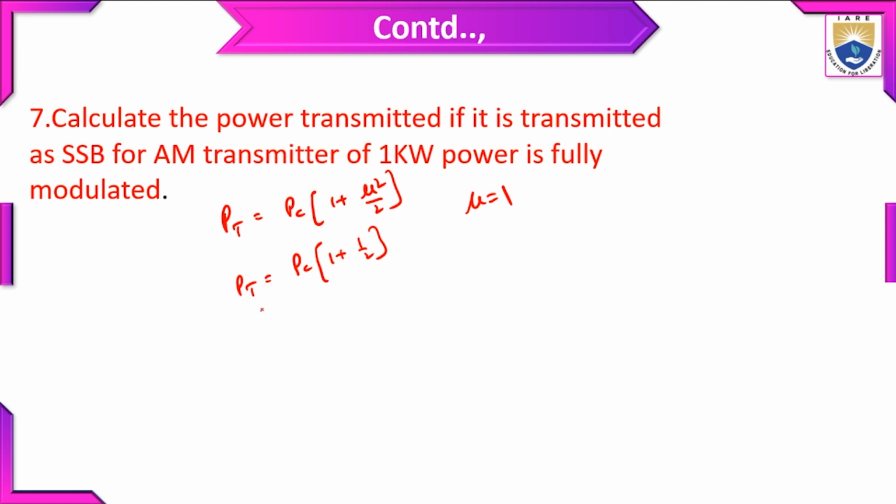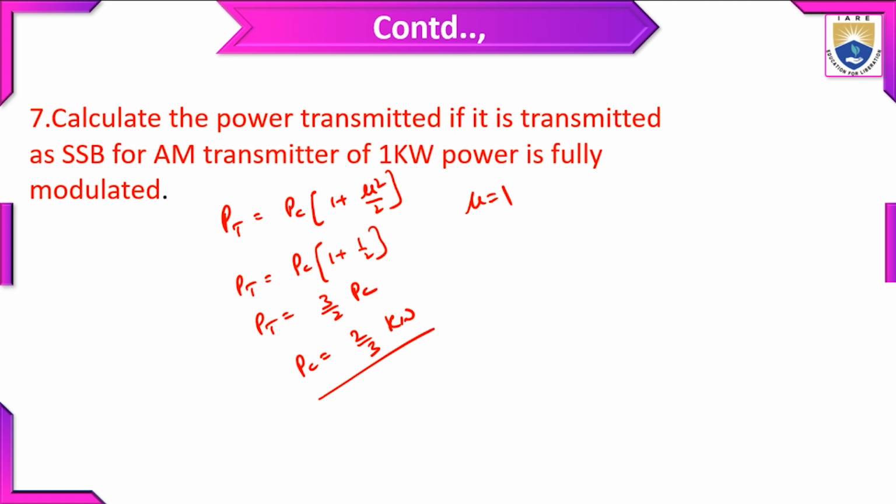So PT is equal to 3 by 2 PC. What is PT? PT is 1 kilowatt. So PC is equal to 2 by 3 kilowatt simply. So this is my PC.